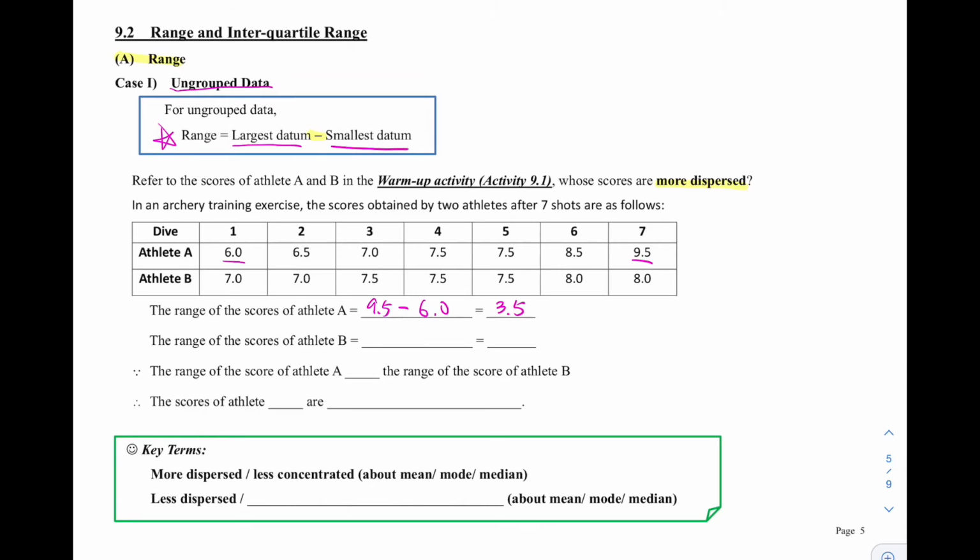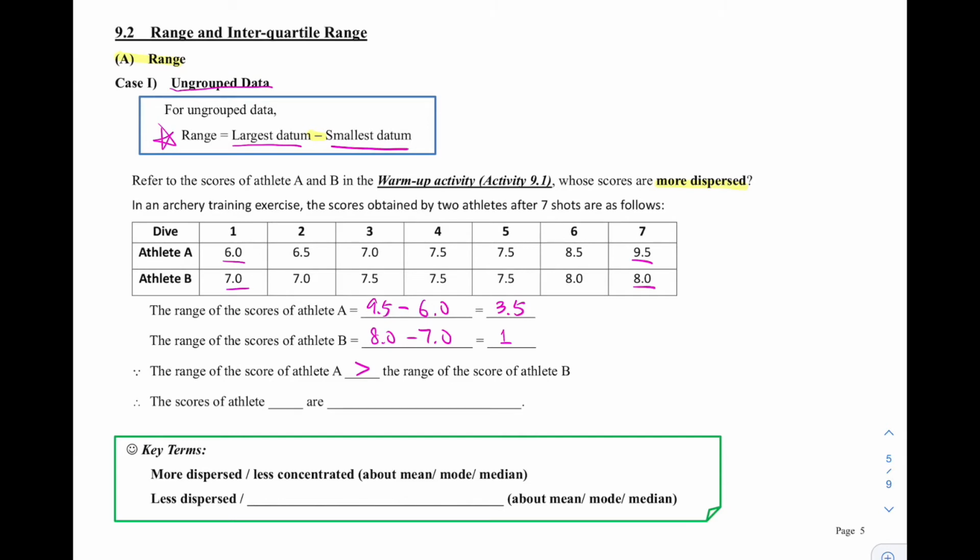And then for B, the largest datum is 8.0, and the smallest is 7.0. So the answer is 1. So by comparing the range of each athlete, we found that the range of the scores of A is greater than that of B.